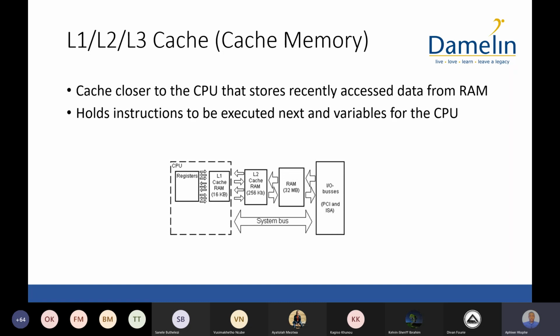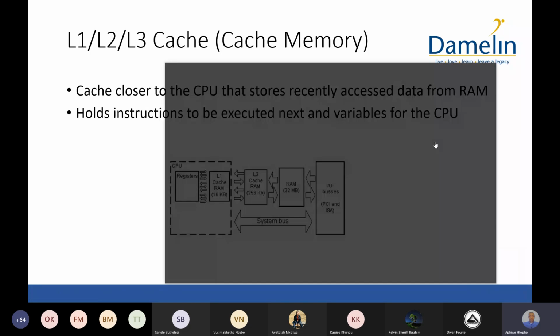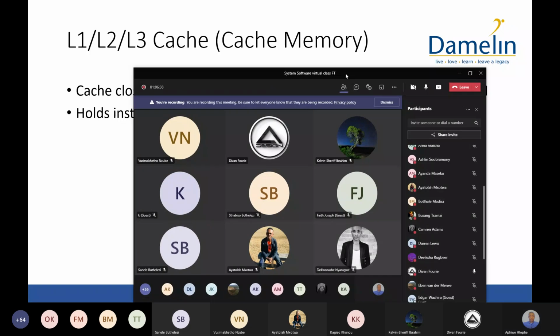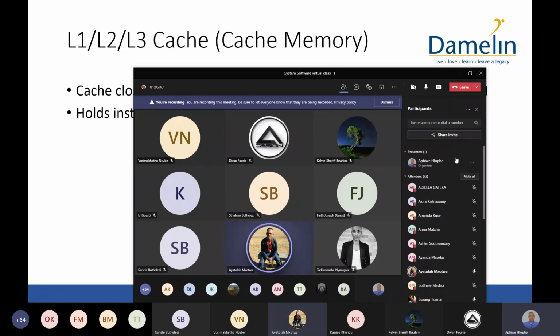What is cache memory? Does anybody in the class know what a cache is or what a cache does, just in generic terms? You've never heard of this term cache before? Well, it's something you store stuff in. You store stuff in it, yes. Anybody else want to add to that? It's volatile.